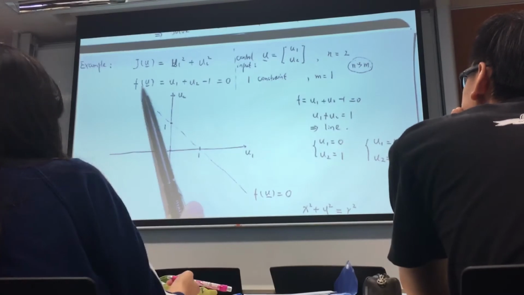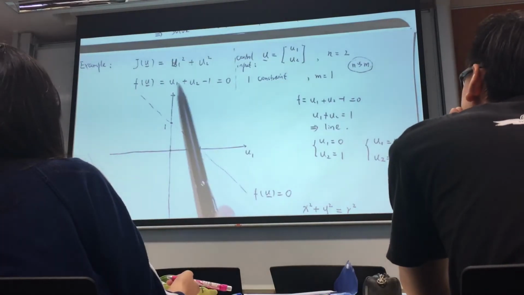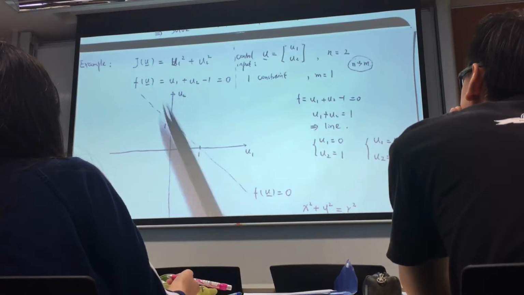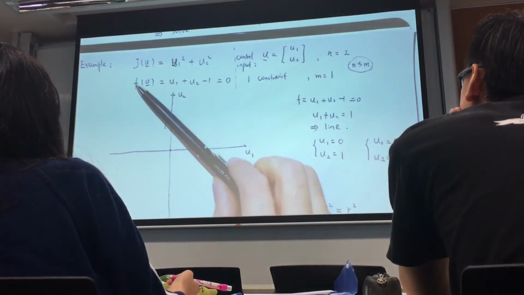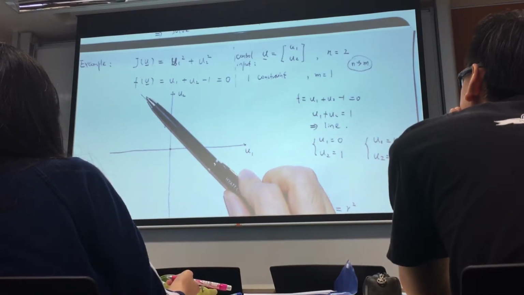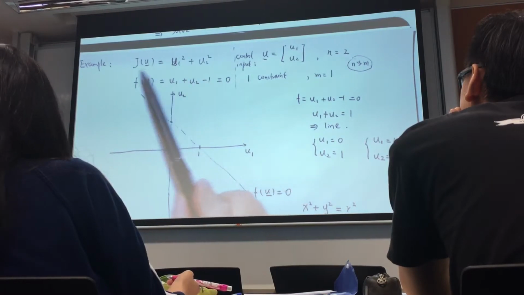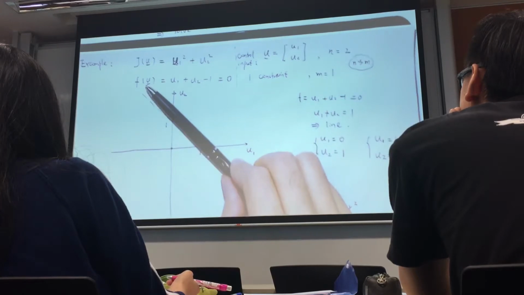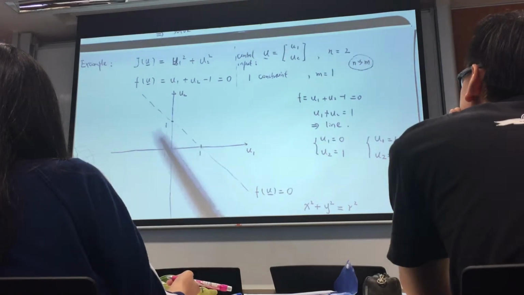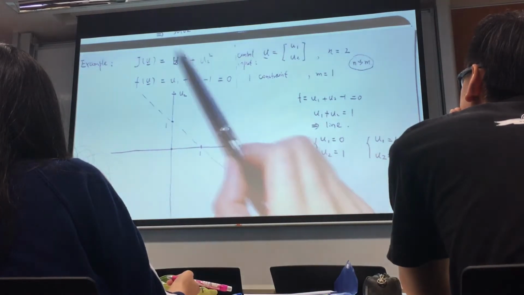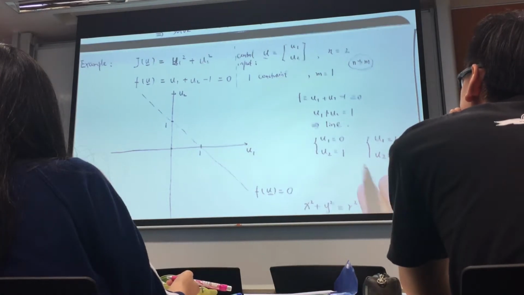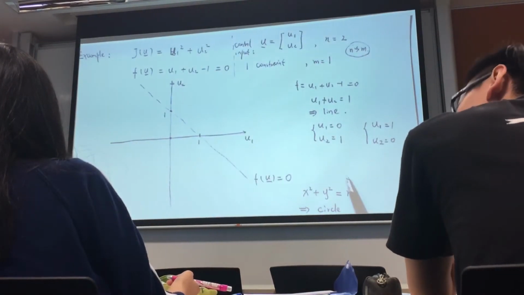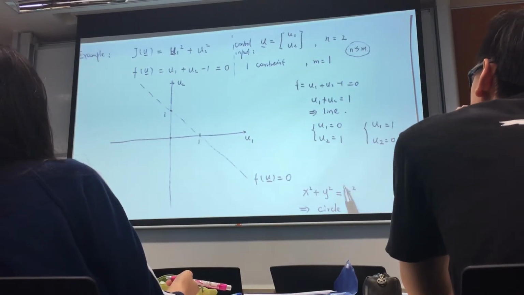The solution to this problem must satisfy the constraint, so the point must be on this line, and it will minimize the cost function. The cost function represents circles.